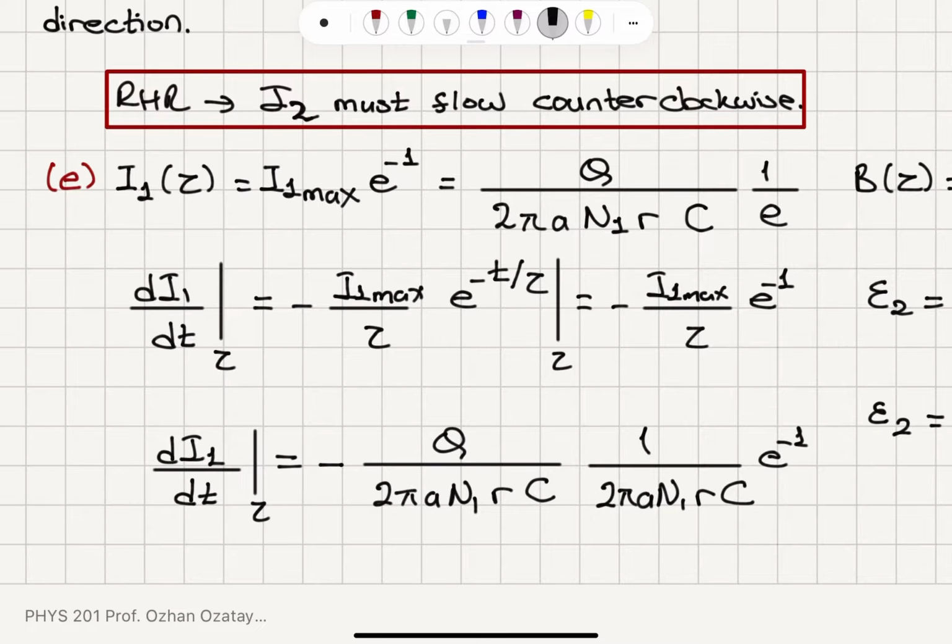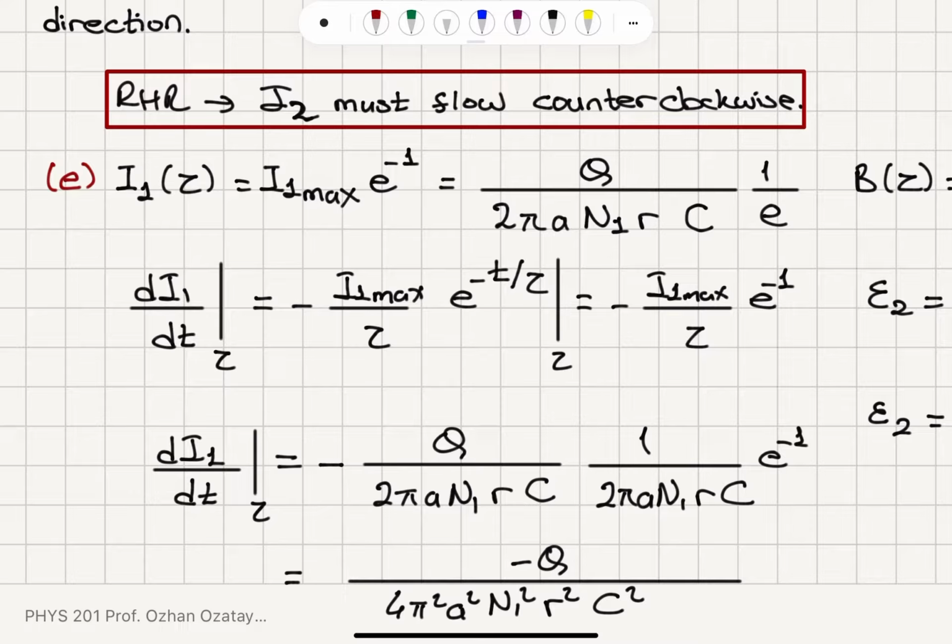So this gives me, if I perform this calculation, minus Q divided by 4 pi squared A squared N1 squared, resistance per unit length squared, capacitance squared, multiplied with e^-1.